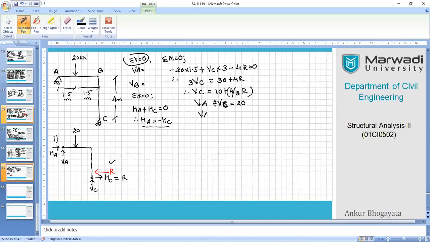So now we can obtain VA equals 20 minus VC, which means 10 minus 4 third R. So it becomes 10 minus 4 third of R. That is the only difference that we have. So VA and VC are calculated now, and you can comfortably keep it as it is.